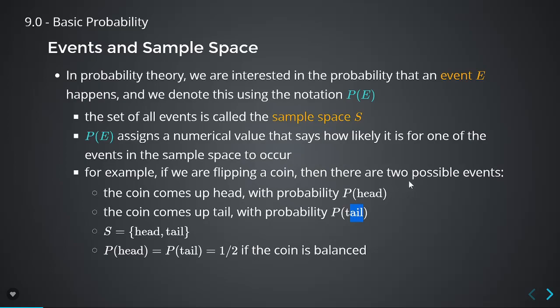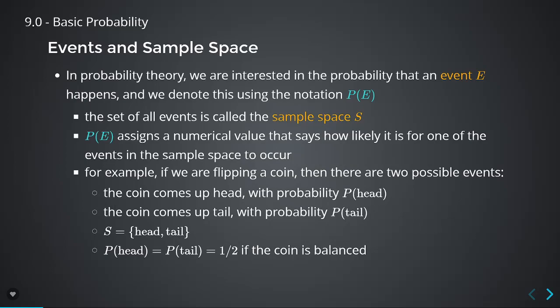Now, the set of all events that can happen is what we call the sample space. In our case here, there are two events that can happen. Either you get a head or you get a tail. And so the sample space S is just {head, tail}. Bear in mind that head, tail here is just a shorthand notation for the event that the coin comes up head or the coin comes up tail.